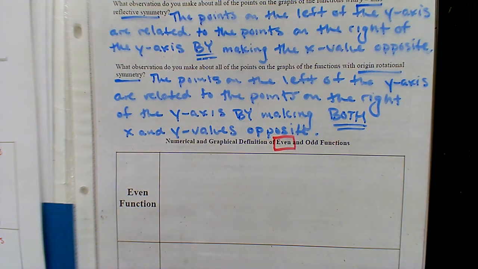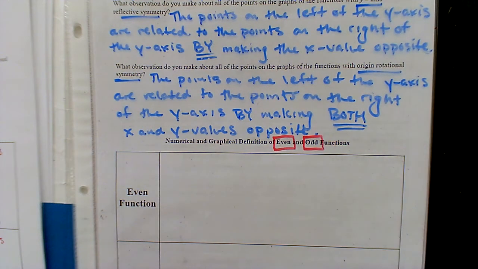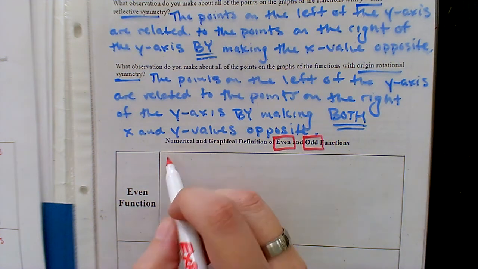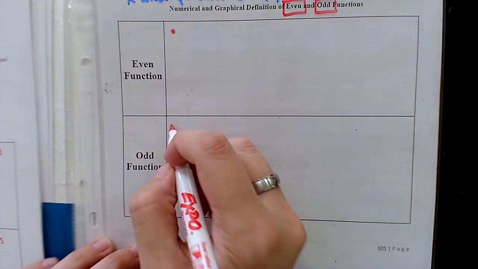You see how much simpler that is? So we're going to look at even functions versus odd. Even functions are the y-axis symmetry relationship, and odd functions are the origin or rotational symmetry.